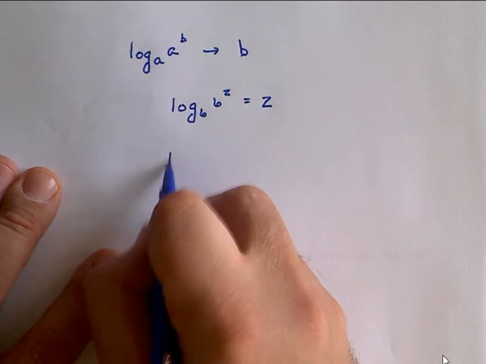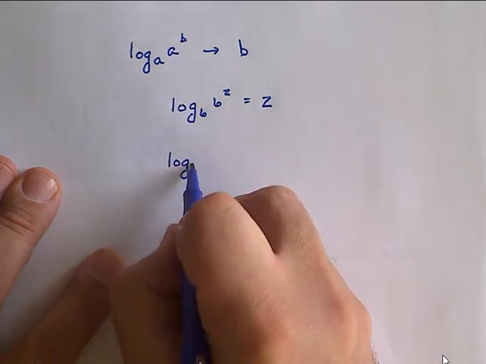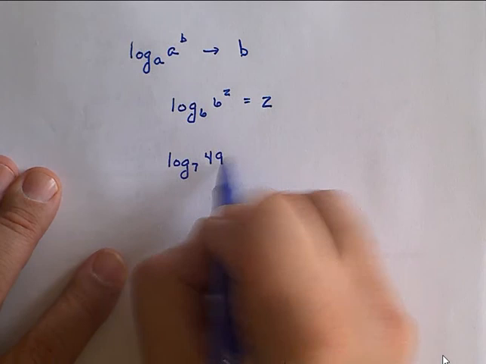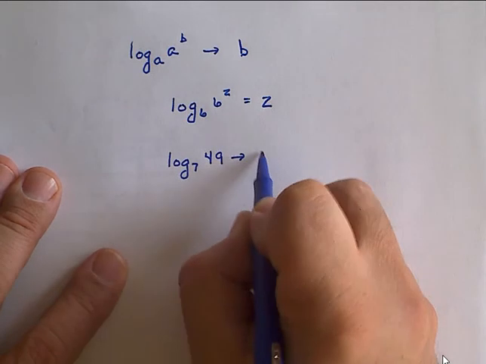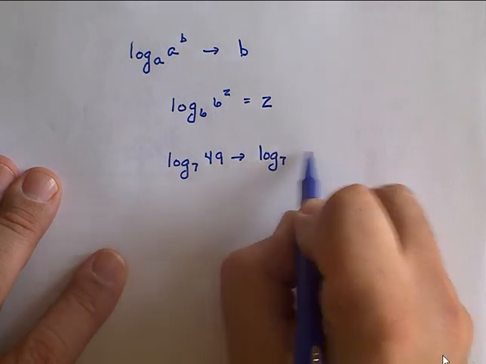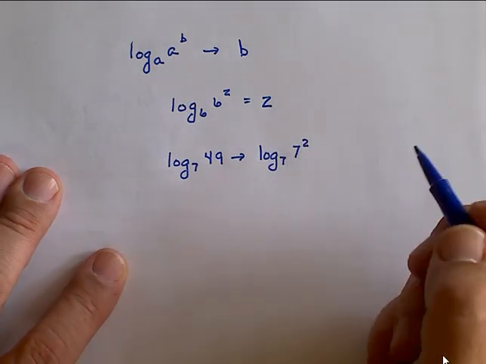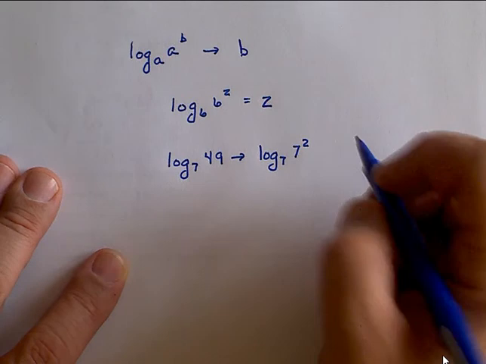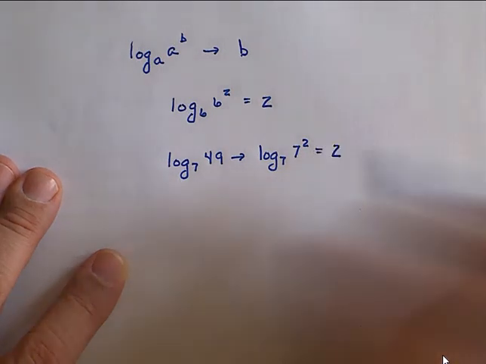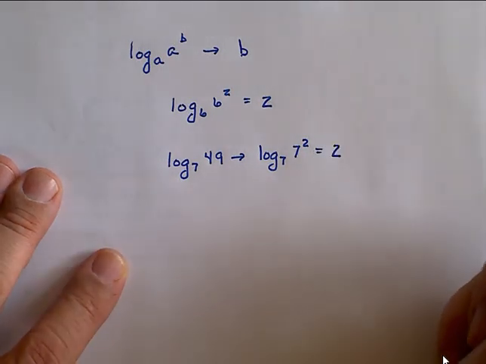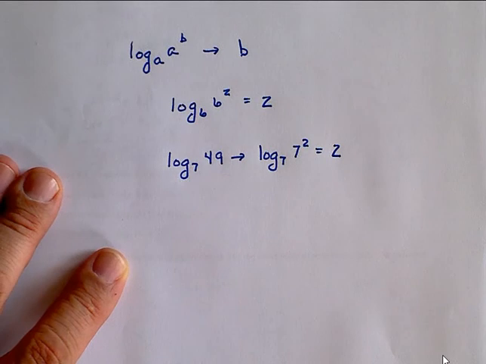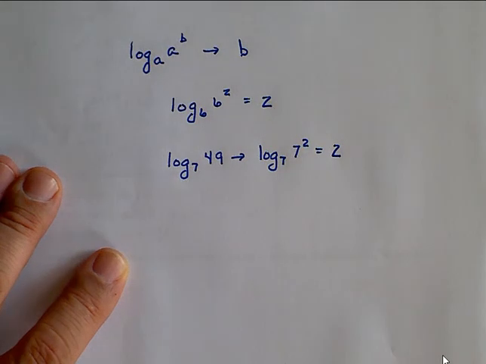Now here's another one. If you have log base 7 of 49, well, that's the same thing as log base 7 of 7 squared. Same thing happens. The log base 7 and the 7 cancel out, and you're left with 2. Now if it's given in exponential form, it looks a little bit different.